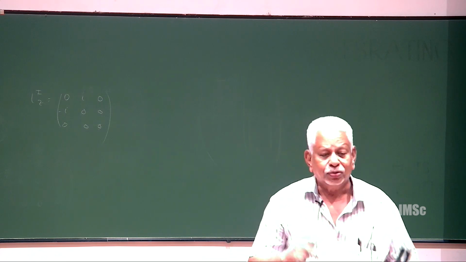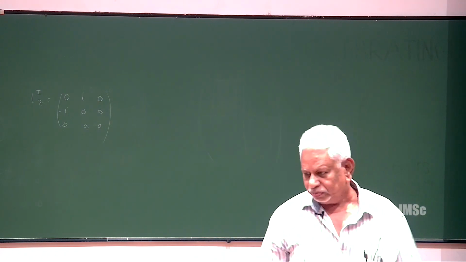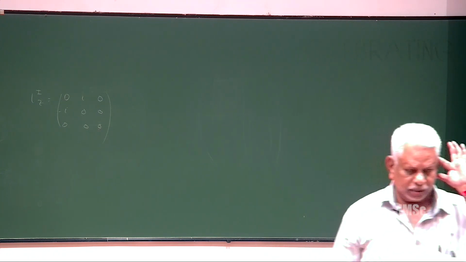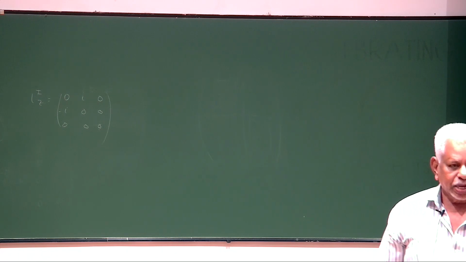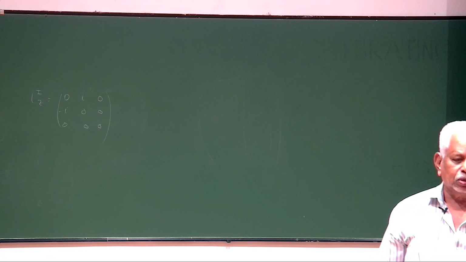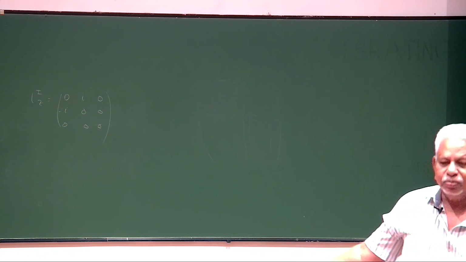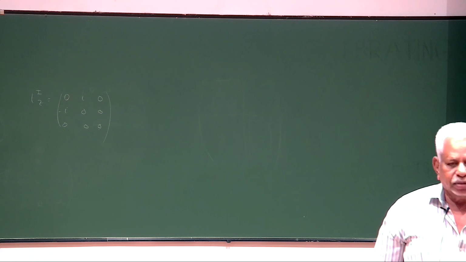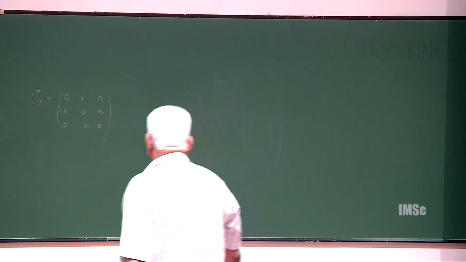There is no way you can write all of them in the same block form. So that representation is called irreducible. You cannot reduce it further. I am trying to teach group theory without actually using the words group theory. I am trying to give you the same thing which is there in group theory by using only matrix representation. So this is basically the idea.